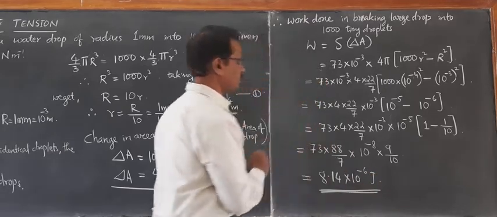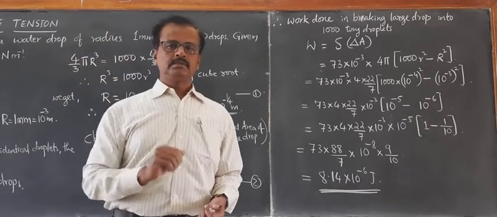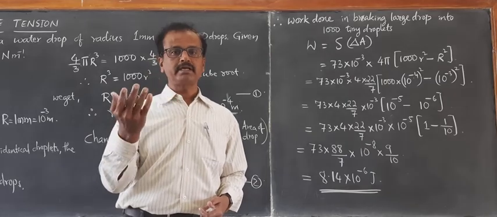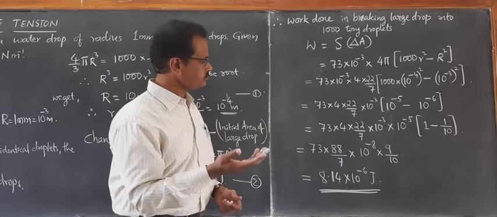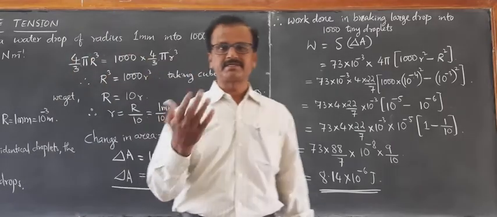So much energy is required in order to break a large drop into 1000 tiny drops. A large drop of 1 millimeter into 1000 tiny drops of 0.1 millimeter.